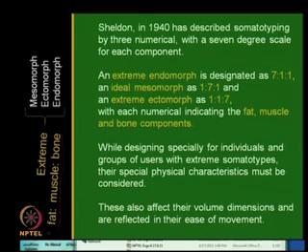Sheldon in 1940 described somatotyping by 3 numericals with a 7-degree scale for each component: fat, muscle and bone. An extreme endomorph, fatty, is designated as 711, meaning 7 in this 7-degree scale is the fat, 1 muscle, 1 bone.